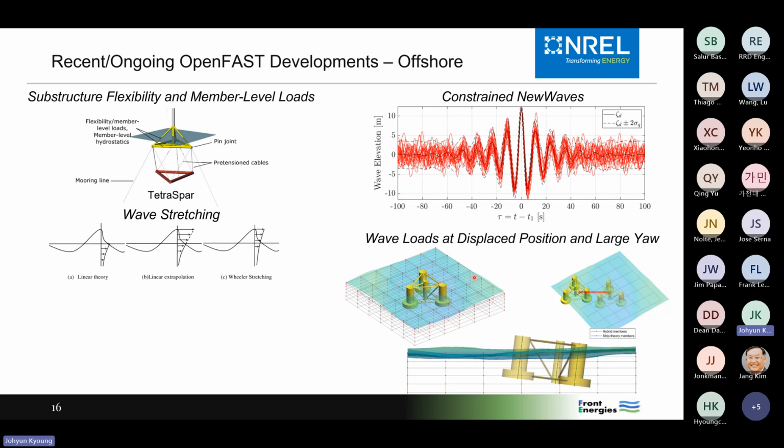Now we have a flexible body and we have potentially large motion of that floater. And so what we do here now, instead of pre-computing the wave loads at its undisplaced position, is we define a full 3D grid of wave elevation, wave kinematics, and potential flow. The potential flow is basically a 2D plane of potential flow solutions.